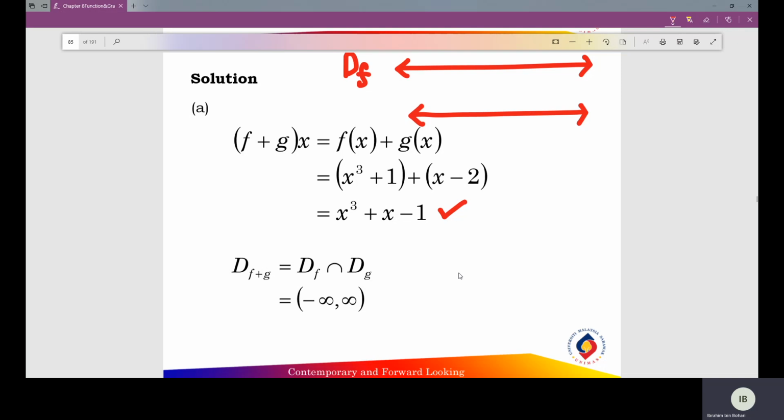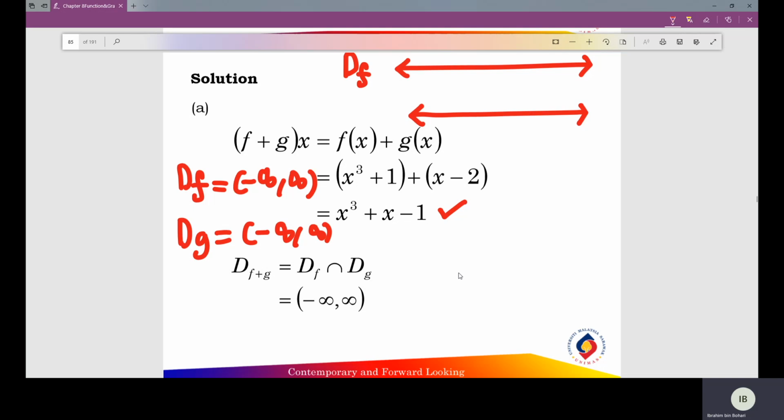Domain of f(x) is defined for all real numbers. Okay, so the domain of the linear function goes from negative to positive infinity, and the domain of the cubic function is negative to positive infinity. Domain of the linear and cubic, all the real numbers.